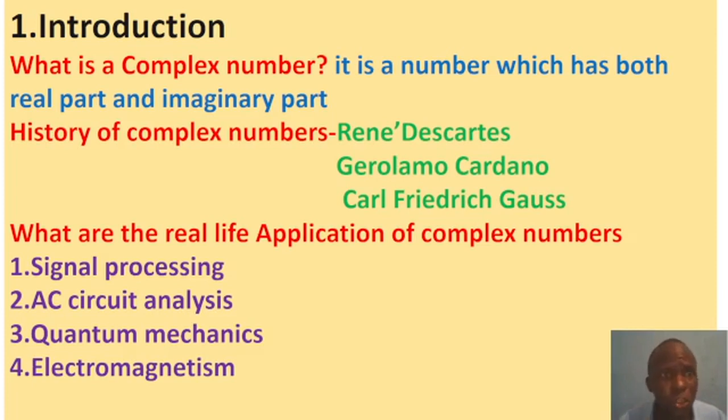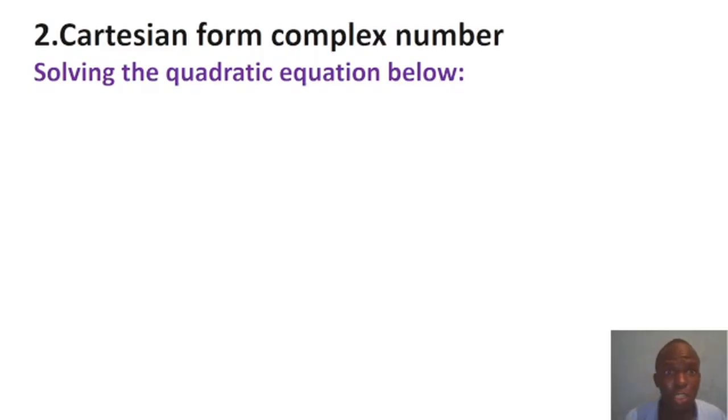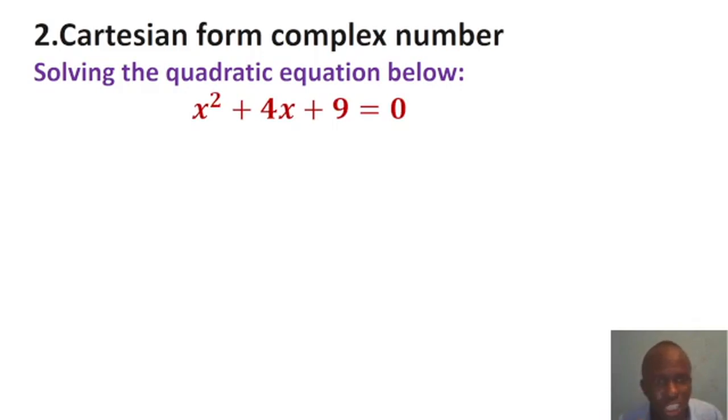Now let us go to the next part of this topic, that is the Cartesian form of a complex number. We are going to consider a quadratic equation in this case, and the equation is x squared plus 4x plus 9 is equal to 0. Most quadratic equations and maybe cubic equations have real solutions, and we are going to see the solution of this particular quadratic equation.